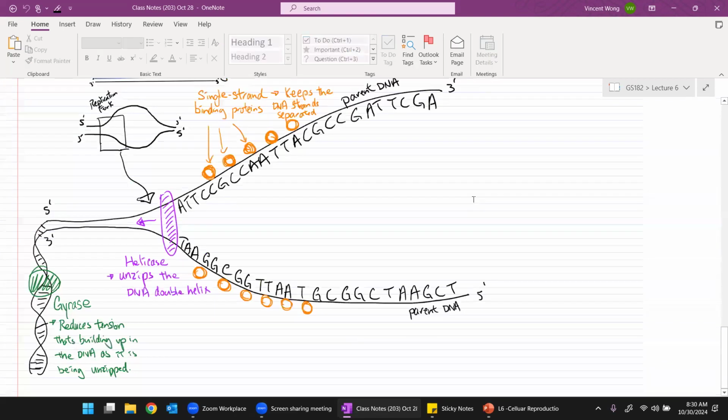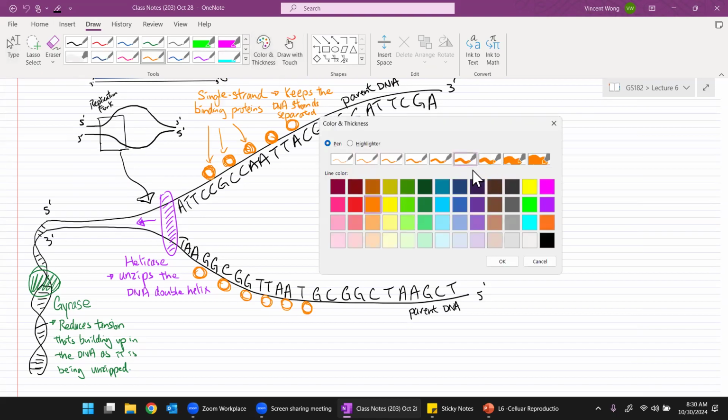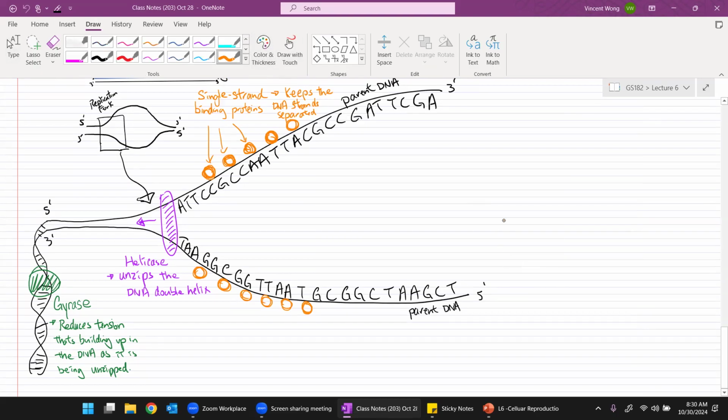Okay. So while you're doing that, let me just recap some of the key concepts that we covered. This picture is showing you the process of DNA replication, which is something that happens every time your cell divides.